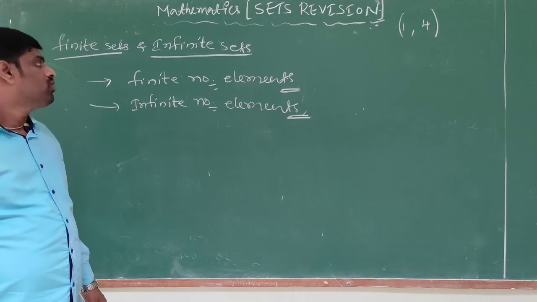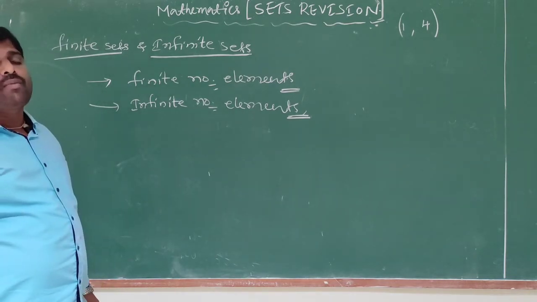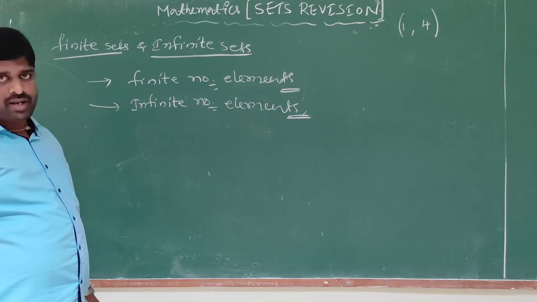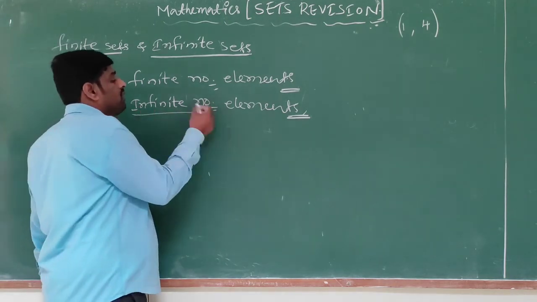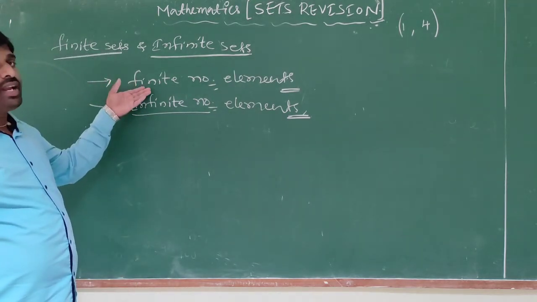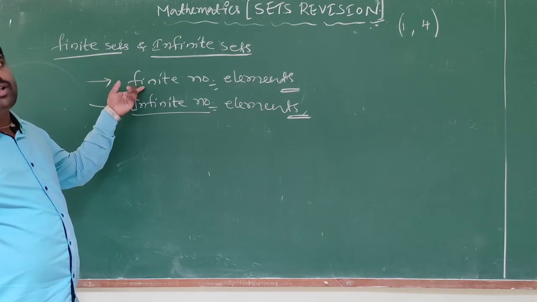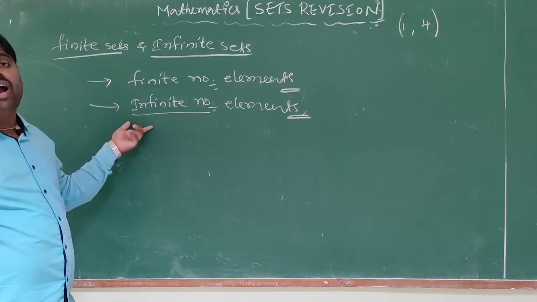Okay, so for example, finite set means the set of all letters in the English alphabet, that is a finite set. Infinite set means the set of stars in the sky. Finite means we can count, it is possible to count. Infinite means it is impossible to count, we can't count.